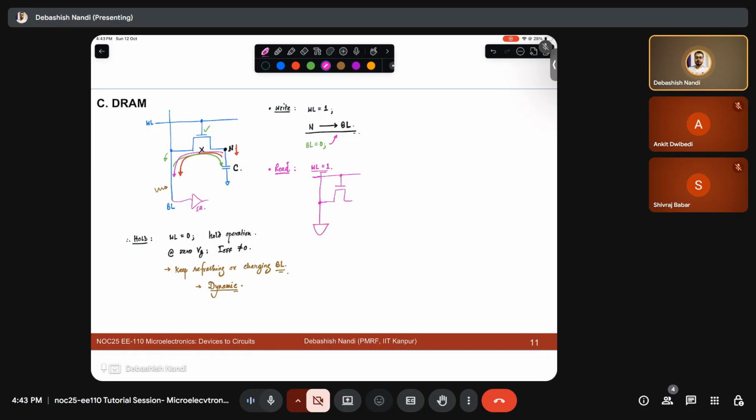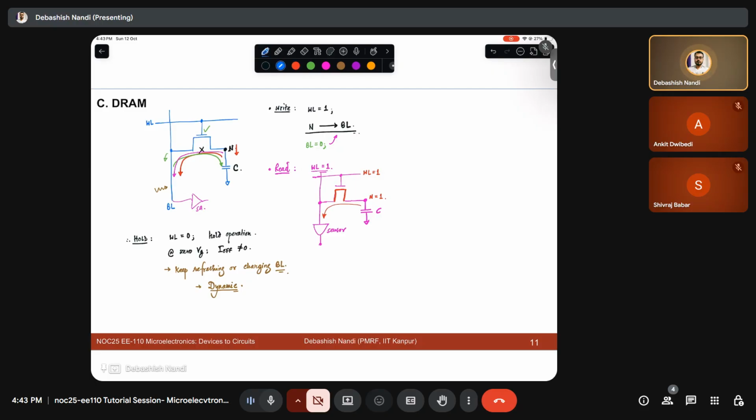You have connected a sensor, and earlier the stored value at the node is 1. So whenever you make your WL equal to 1, this transistor will be on. Then this capacitor will start to leak through this sensing path.